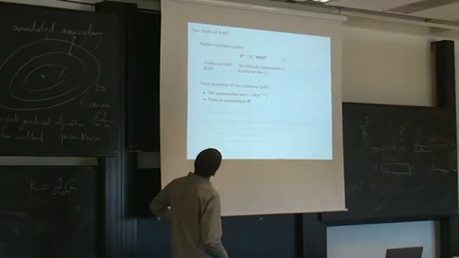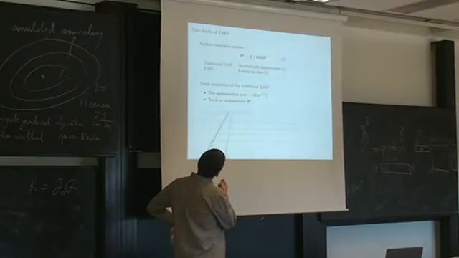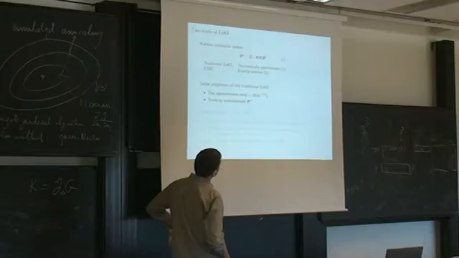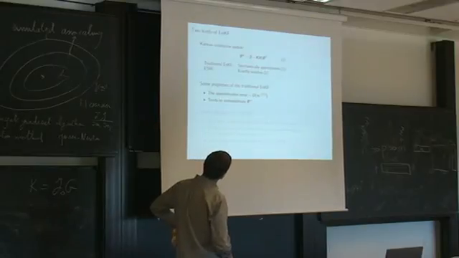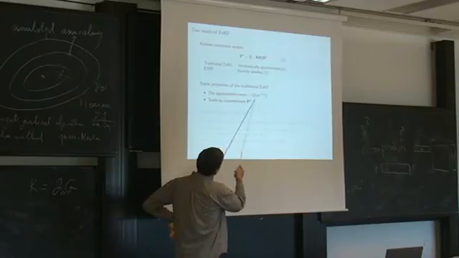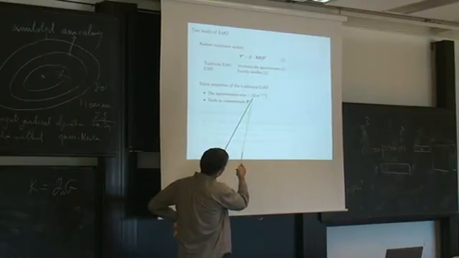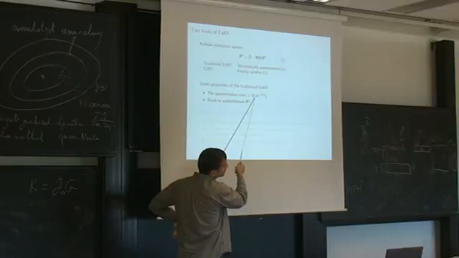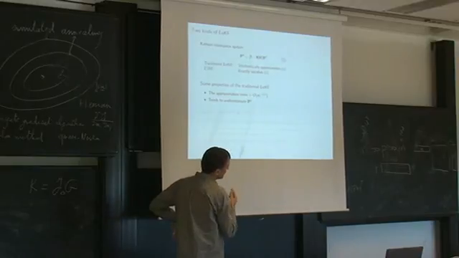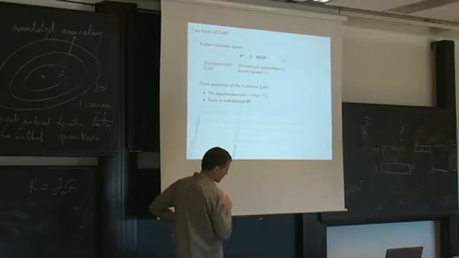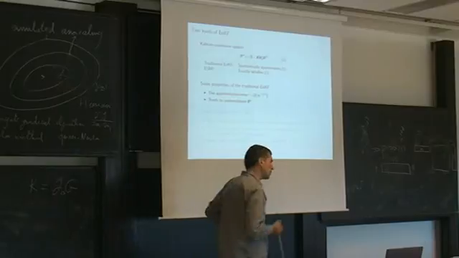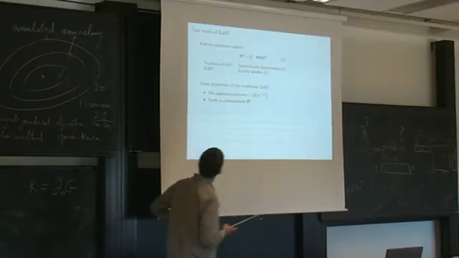Some properties of the traditional EnKF, and some properties of the ensemble square root filters. The approximation error of the traditional EnKF is proportional to the inverse square root of the ensemble size. That's quite common for stochastic Monte Carlo approximations.